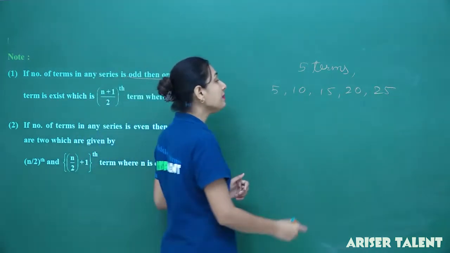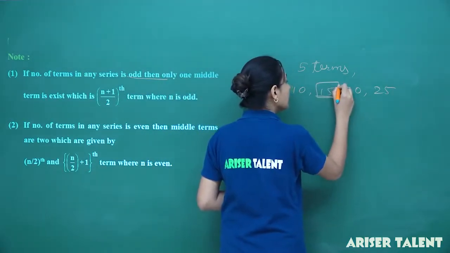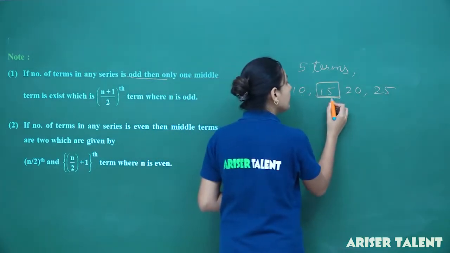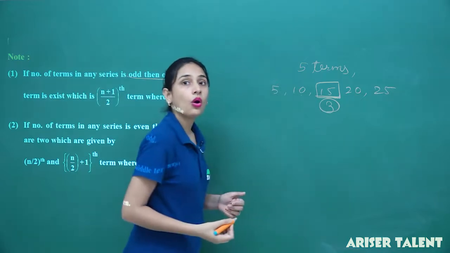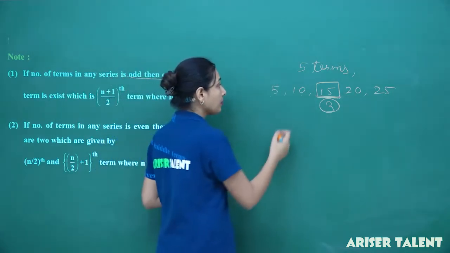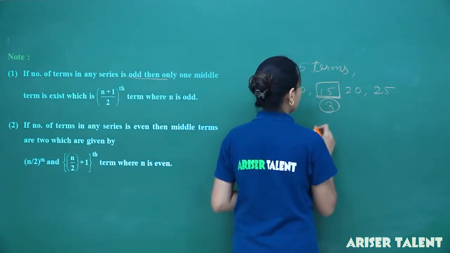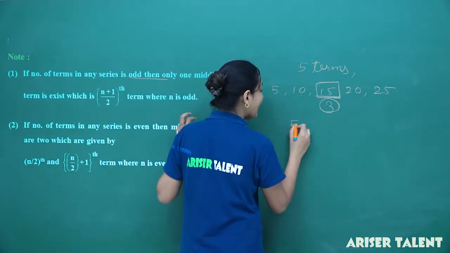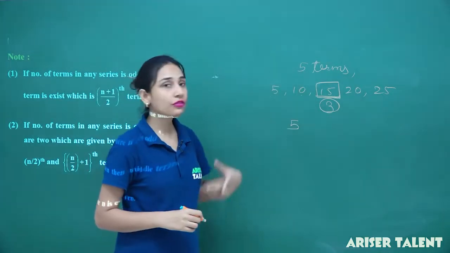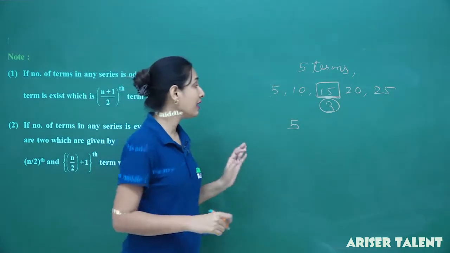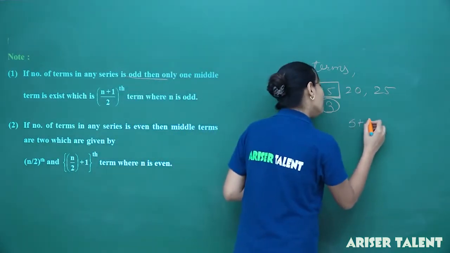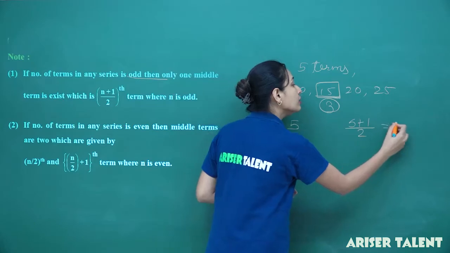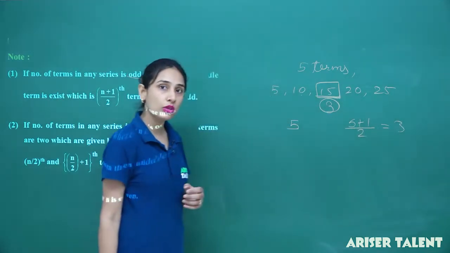Okay, now which is the middle term? This will be what? 1, 2, 3, the third one, or I can say 1, 2, 3, 4, 5, right? So it will be 5. Now 5 is linked with 3 in which way? I can say that (5 plus 1) by 2 is equal to 3. 6 by 2 equals 3.